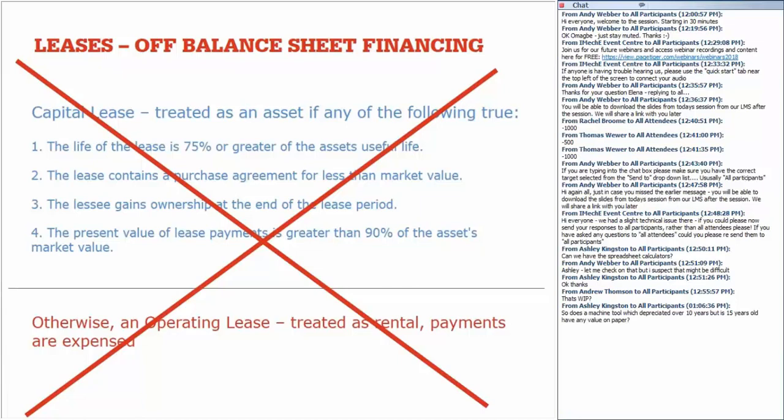But that was a little bit misleading, and it meant you couldn't compare apples with apples, because one company would be buying its production equipment, another company would be leasing it. But that's all changing at the end of this year when new legislation comes in. So that's why this slide is crossed out, just to say it's changing. I'm just going to go back a slide.